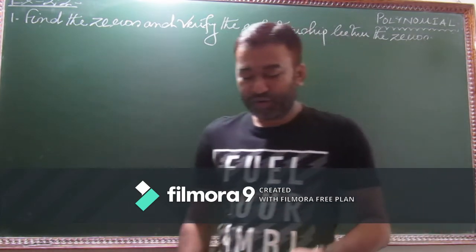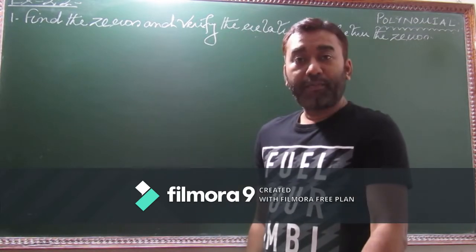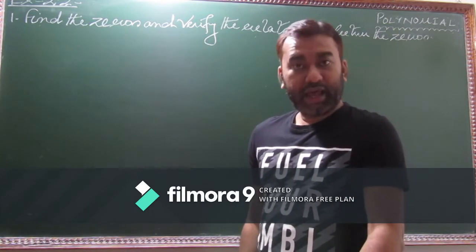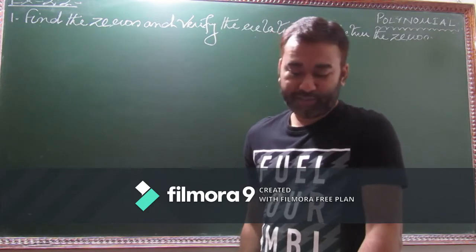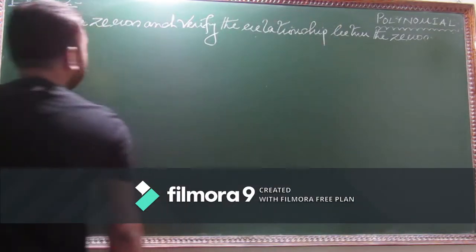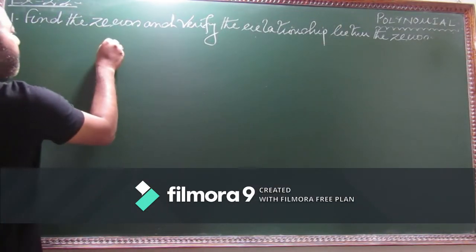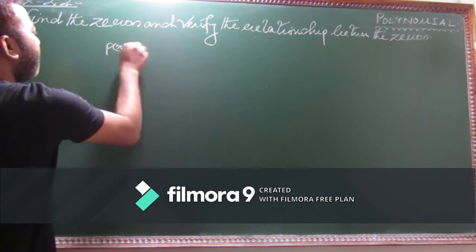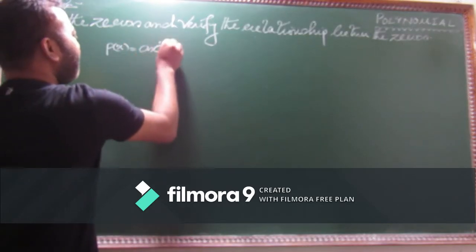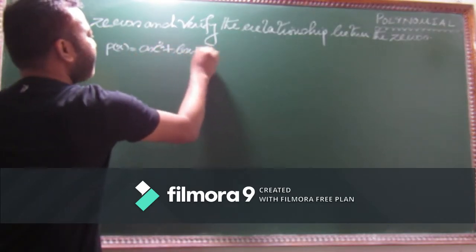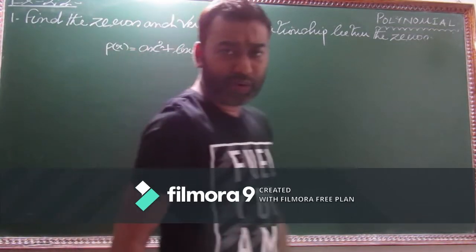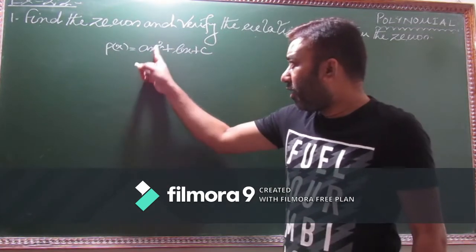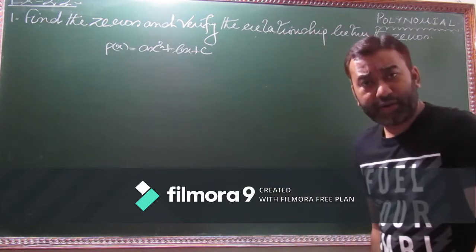Before that, I am going to introduce the general form, the zeros, and the relation among the zeros of a quadratic polynomial. What is the general form? P(x) is equal to ax square plus bx plus c. This is the general form of the quadratic polynomial. It is of power 2, that's why it is a quadratic polynomial.